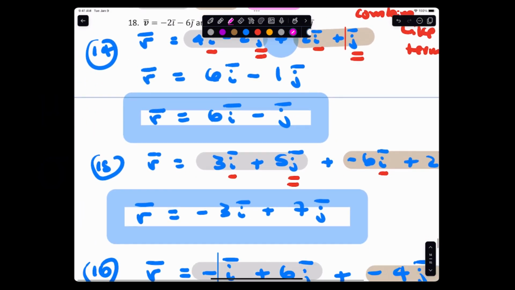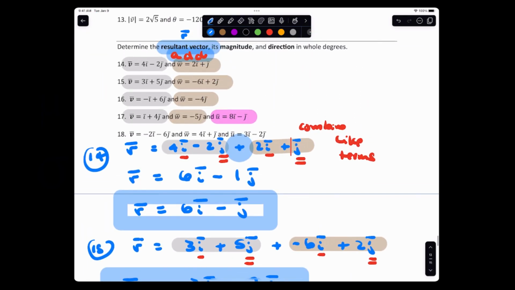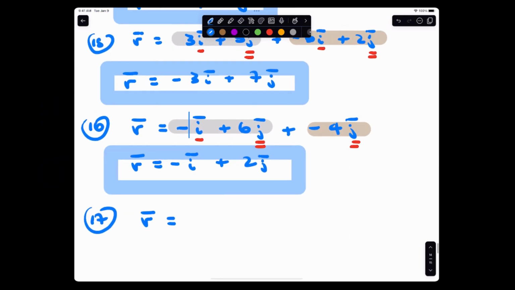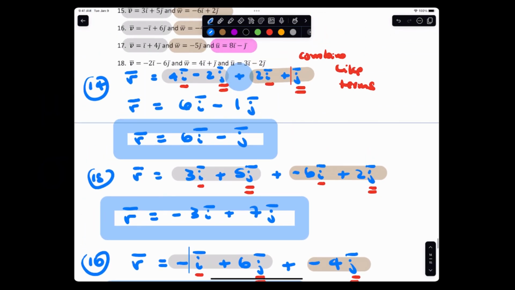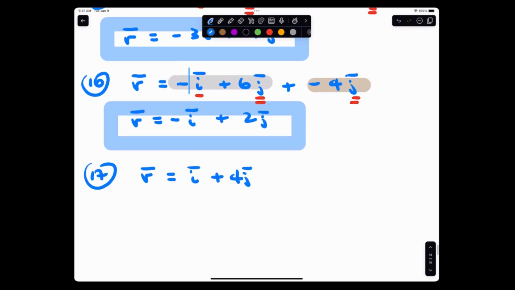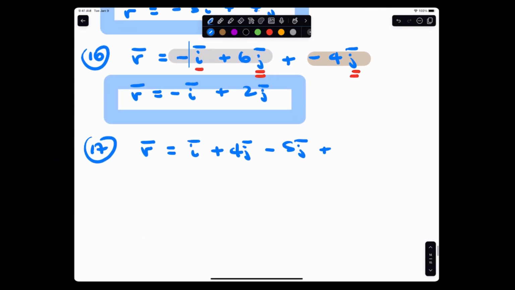All right. So number 17 here. The resultant vector will be i plus 4j, minus 5j, 8i minus j. I want you guys to see this here.